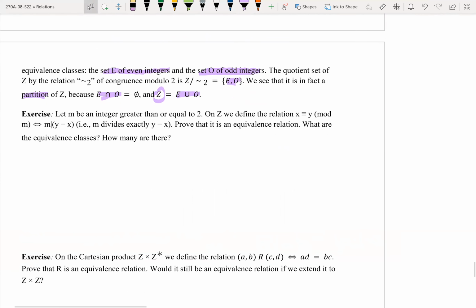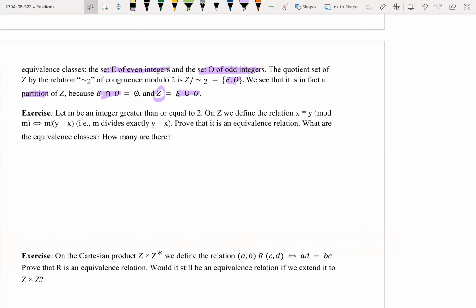We tried it for mod 2. We tried it for mod 6 in this class, just at the beginning for recap. So here it says, can you try the same process that you have done for mod M?